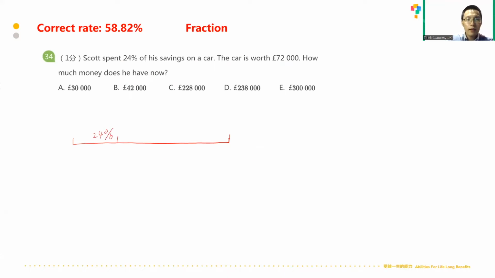Then correspondingly, this one will be 76%. This is what's left, the remainder, and it is what we're looking for in this question, because we want to know how much money he still has right now. So we know the car is worth 72,000 pounds. So that means this part is 72,000 pounds.